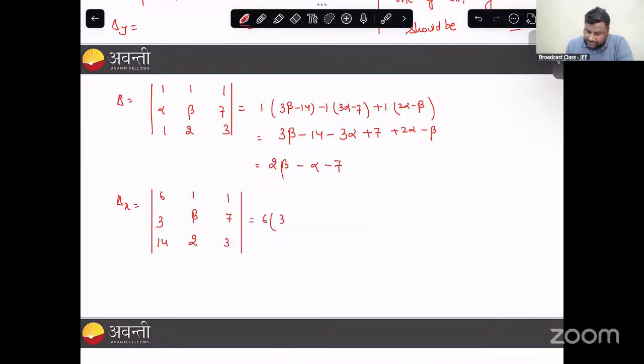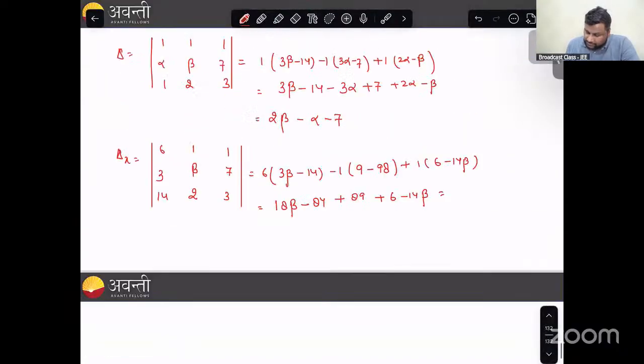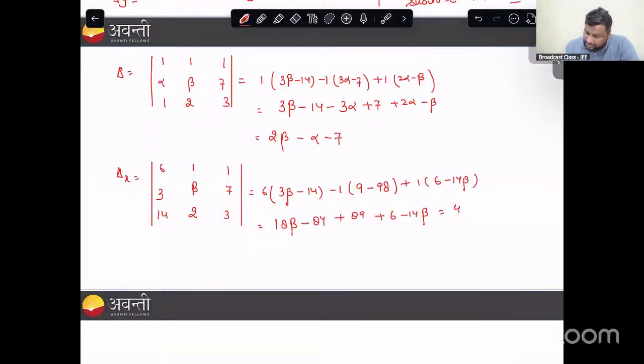So it is 6 times 3 beta minus 14, minus 1 times 9 minus 14, plus 1 times 6 minus 14 beta.